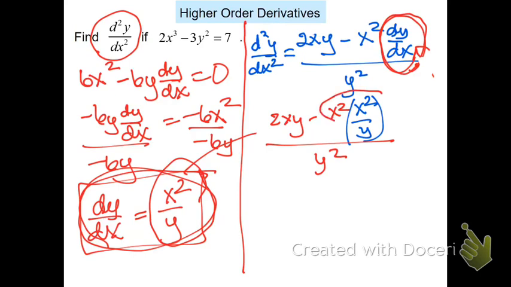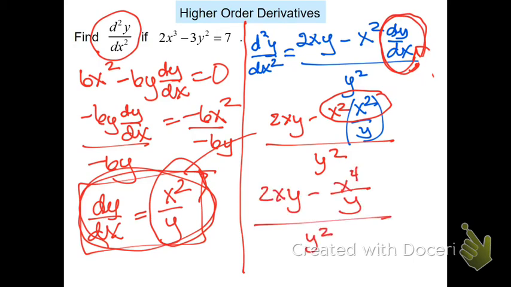I'm going to multiply these across and call that an x to the fourth over y. And you can see we're starting to get the same algebra over and over again. We can't leave a fraction within a fraction. So get rid of the problem. So we're going to multiply everything by y.